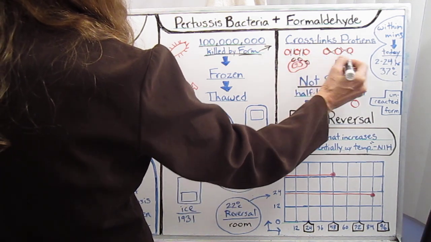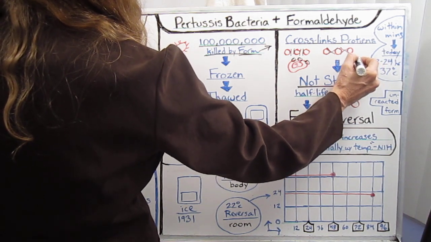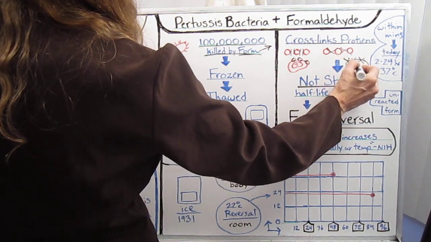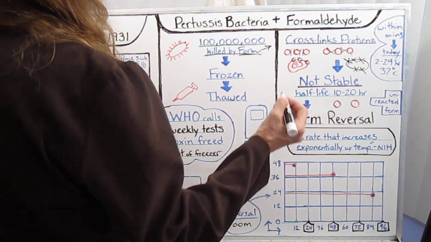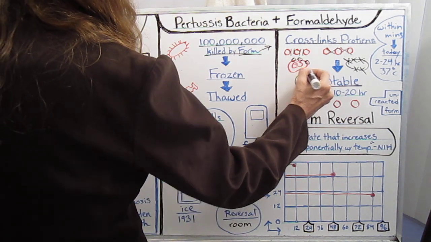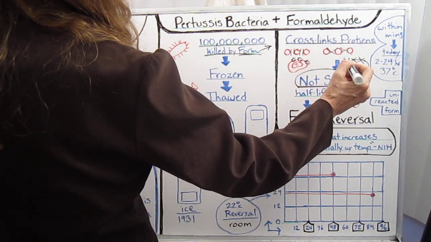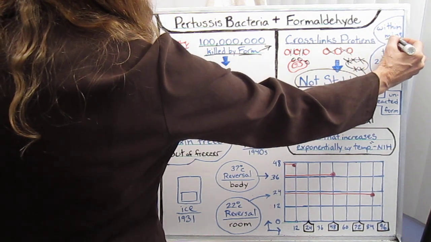In a body that's cold and dead, it will cross-link and preserve it, which is why they discovered it was something you could sit out on the counter and it would preserve tissue. The thing they did not realize is that it was not stable. The cross-linking itself happens within minutes.